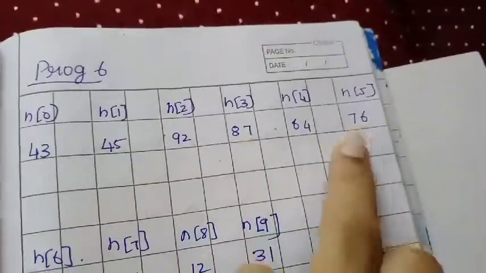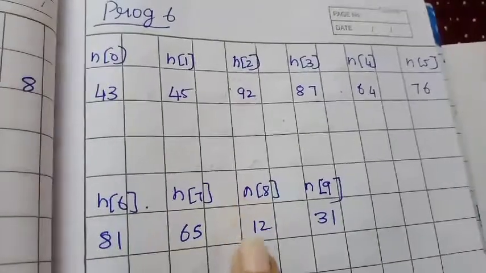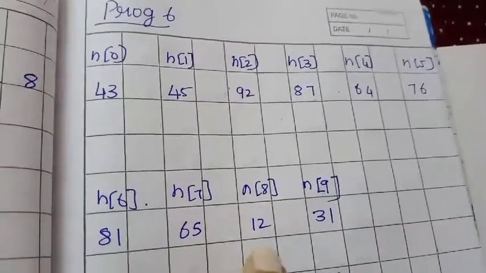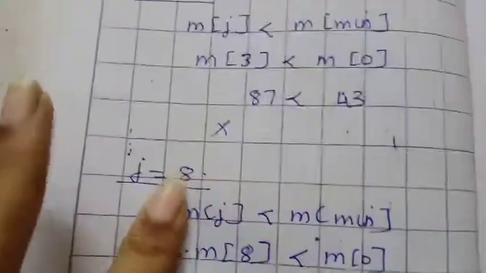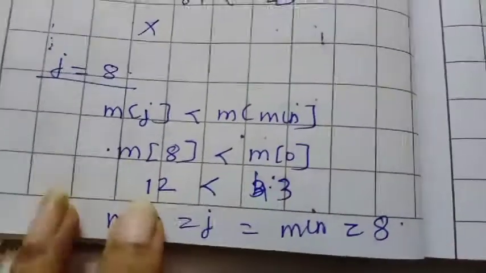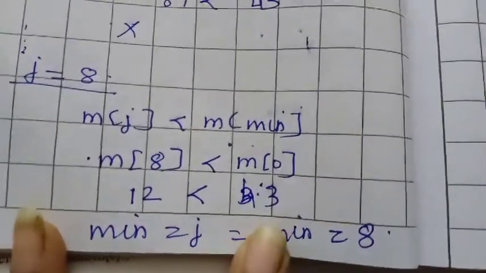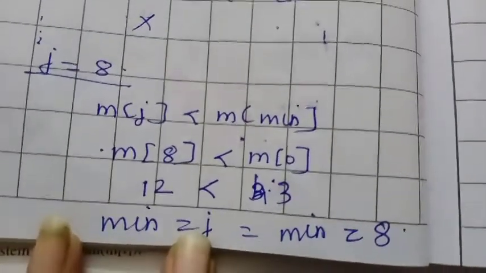See here, all the numbers for each iteration are going to be checked and nothing is going to enter inside. But m of 8, see, it is 12. It is less than 43. So we will see what happens there. Okay, m of 8 is less than m of 0. 12 is less than 43. So what happens is, this minimum value will become j.